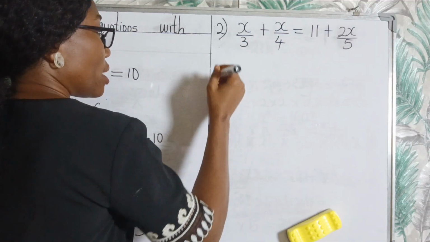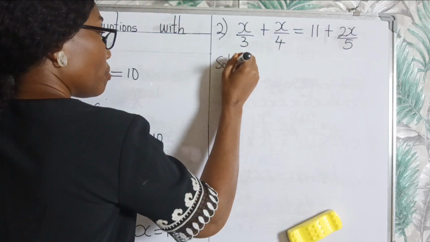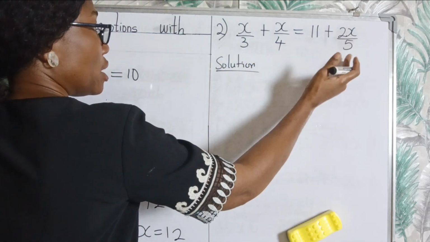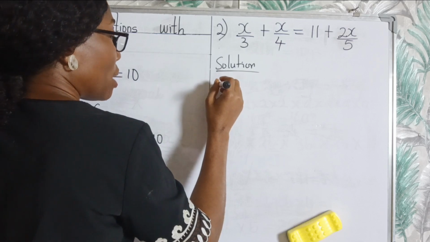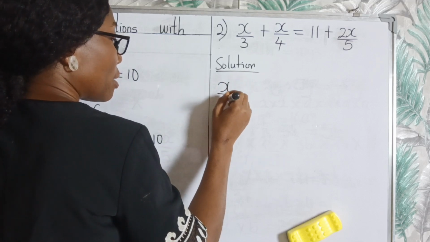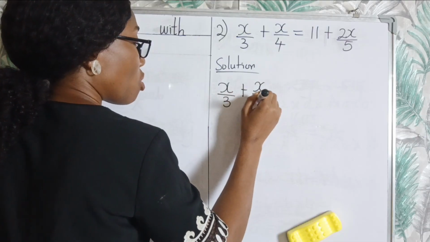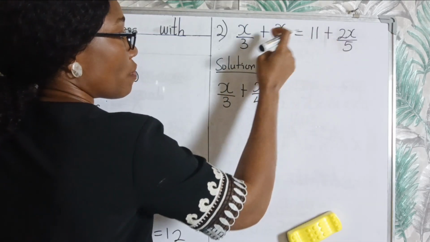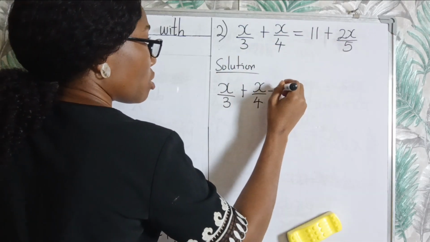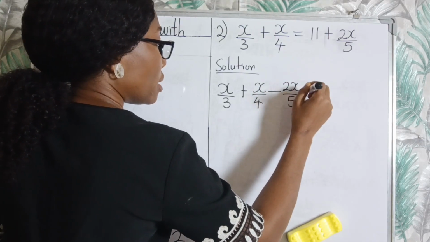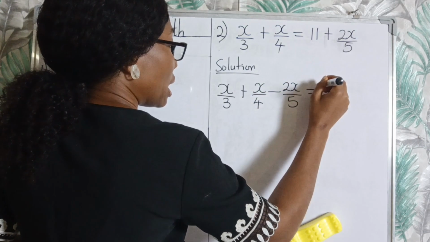So let's have here solution. So I'm going to move this over to the side. So I have my x divided by 3 plus x divided by 4. Moving this over to this side, it will become minus 2x divided by 5, and this is equal to 11.